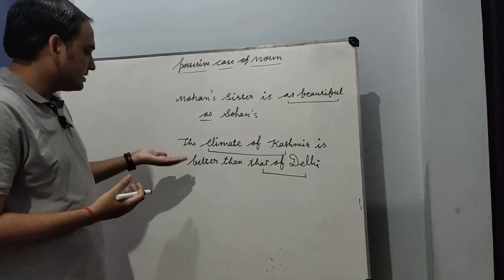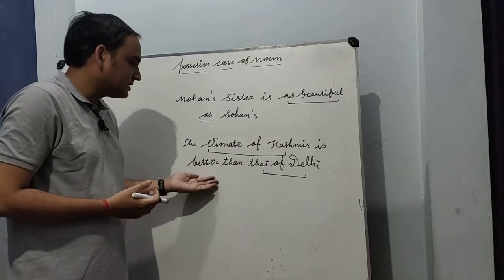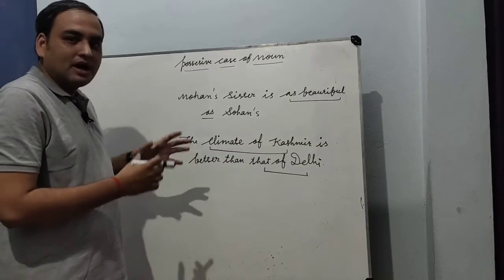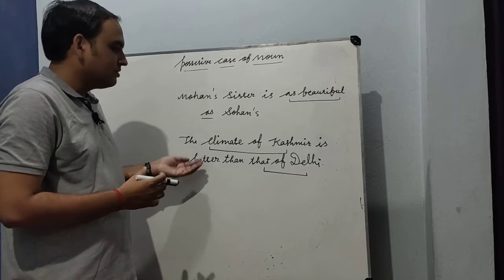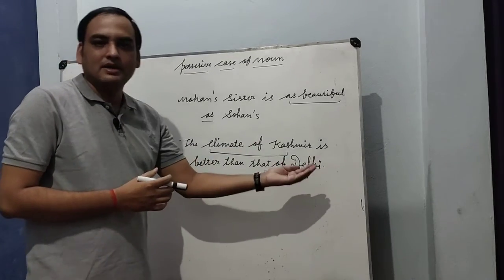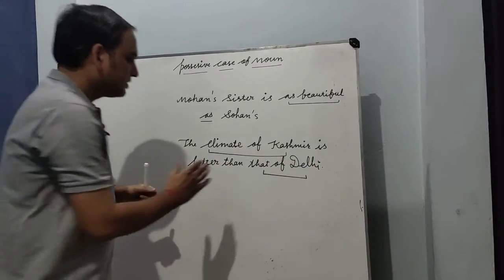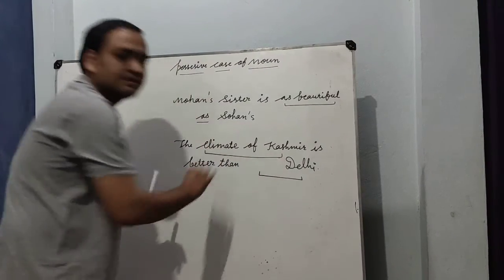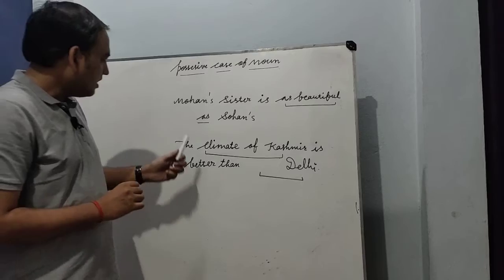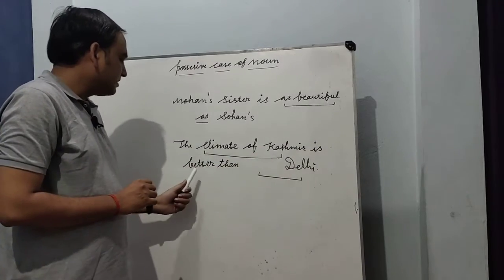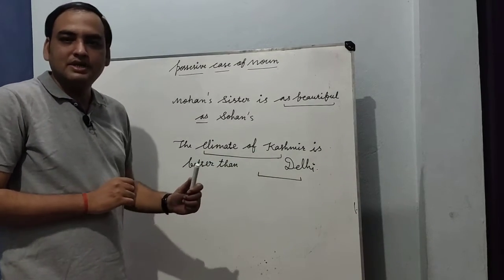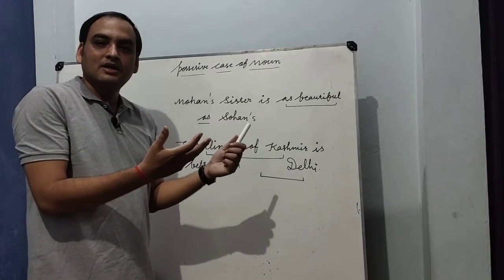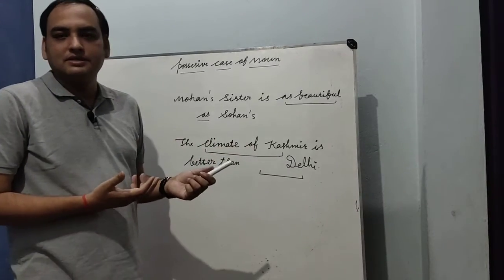Okay, so we will discuss here the climate of Kashmir is better than that of Delhi. It means that the climate of Kashmir is better than the climate of Delhi. Okay, suppose I am removing this, because students basically make mistake here. The climate of Kashmir is better than Delhi. What is the meaning? The climate of Kashmir is better than Delhi. So there is a wrong kind of comparison.